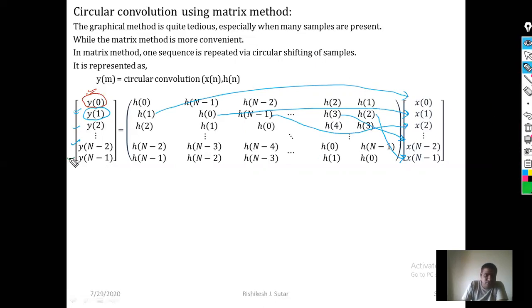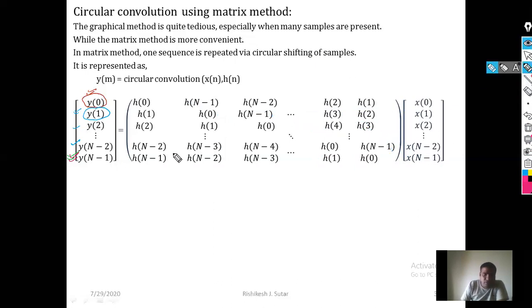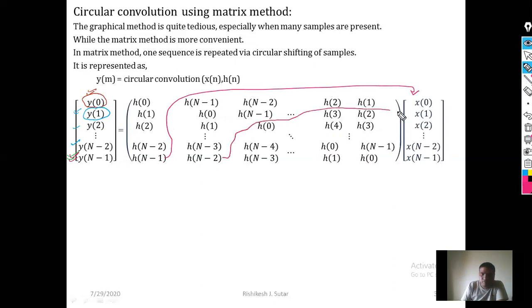Let's go for y of n minus 1 now. For the last one, this h of n minus 1, I'm going to multiply with x of 0. This h of 2, I'm going to multiply with x of 1.